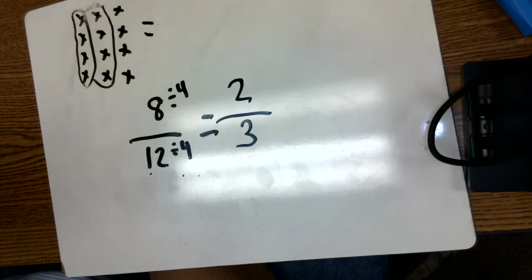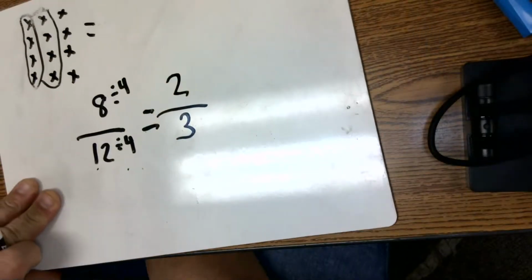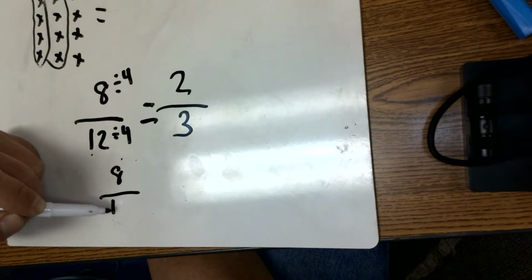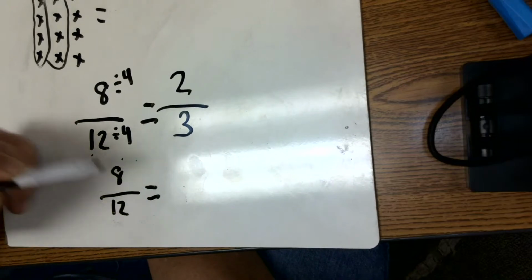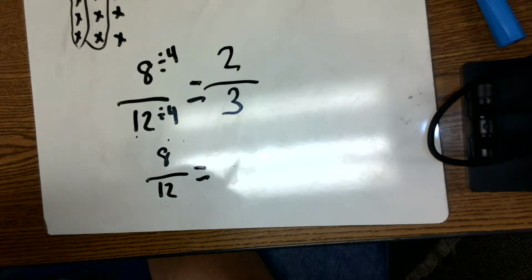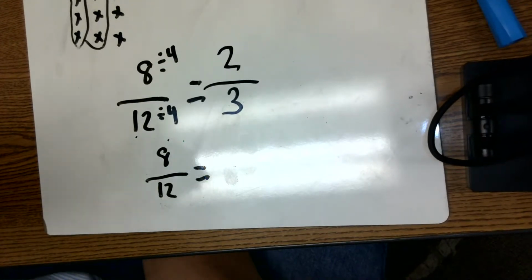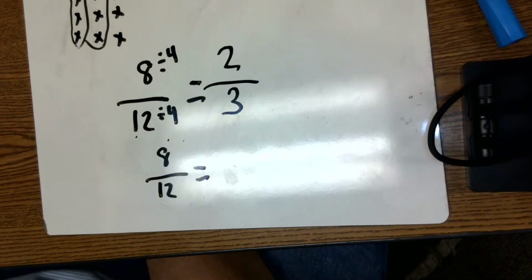Two-thirds is the correct equivalent fraction, right? Correct. But is there another way you could do it? Let's say we didn't do 4. What's another equivalent fraction? What number can you also divide into 8 and into 12? 14?